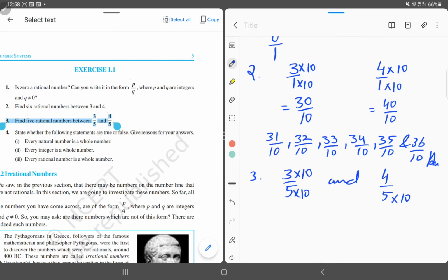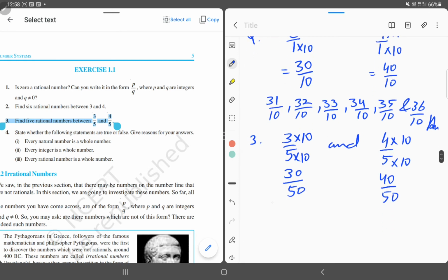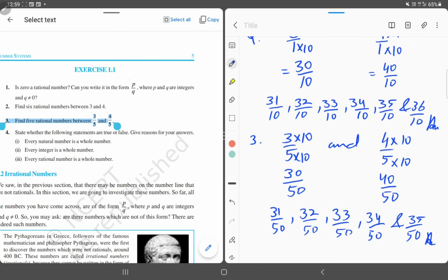Their denominators are already the same, so it will become 30 upon 50, and the other number will become 40 upon 50. And now we have to write 5 rational numbers. So 31 upon 50, 32 upon 50, 33 upon 50, 34 upon 50 and 35 upon 50. So this is the answer. These are the 5 rational numbers between 3 upon 5 and 4 upon 5.